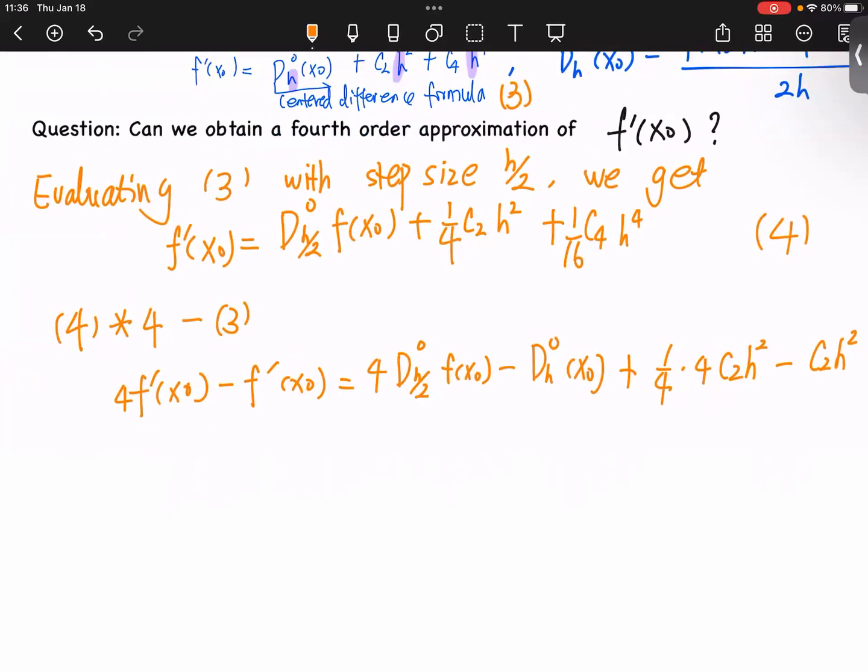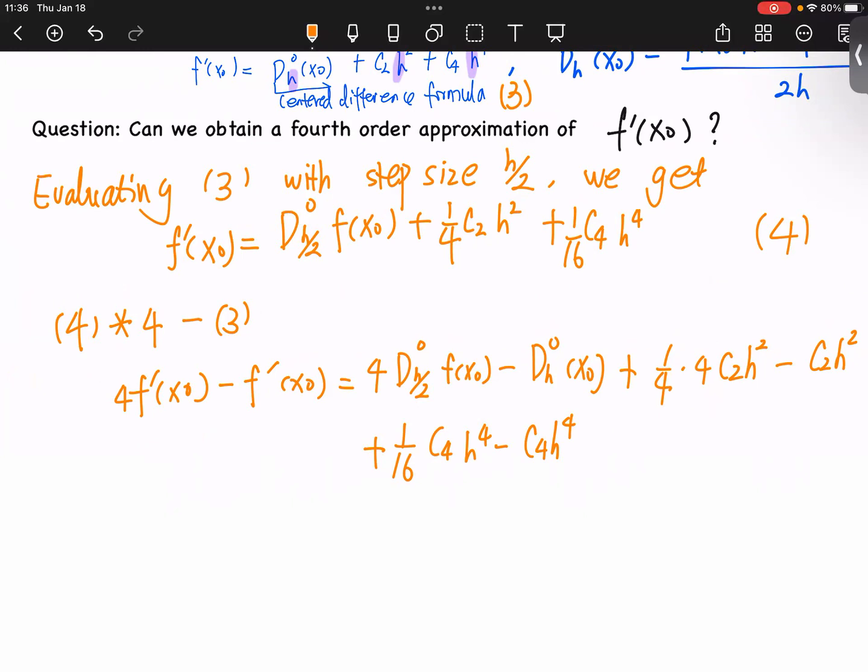And then we also have the fourth order term, 1/16 C4h^4, minus C4h^4. In this way, you will see that these two terms just go away.